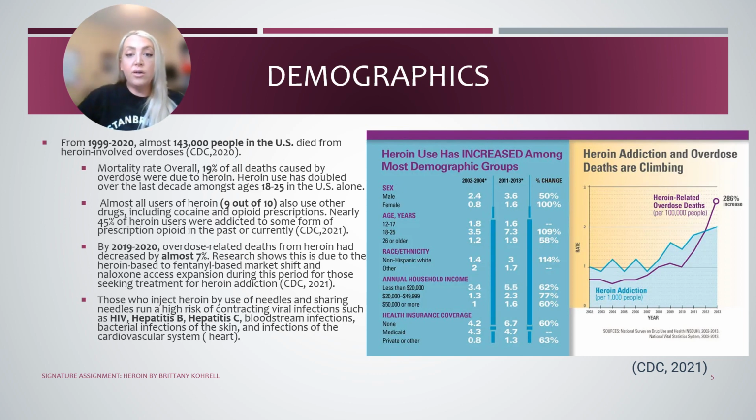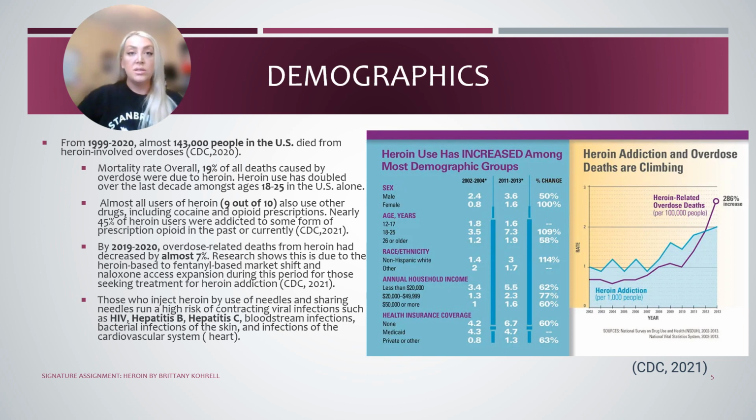And in the chart you see over here, by race and ethnicity, non-Hispanic whites are significantly impacted by heroin use with a 114% change. The annual household income I found interesting because, like we discussed before, it doesn't matter the walk of life someone comes from, whether it's low income, high income, successful, non-successful household.